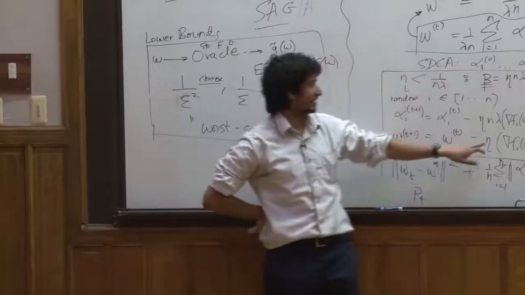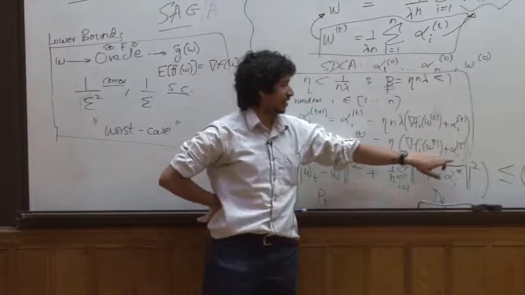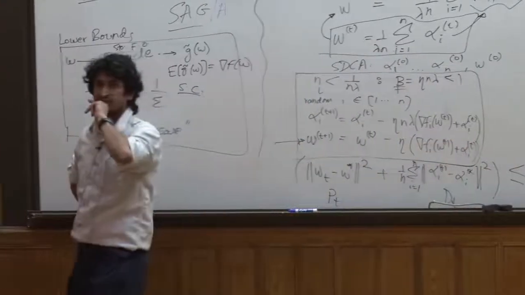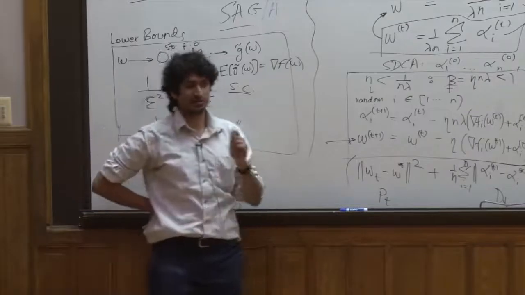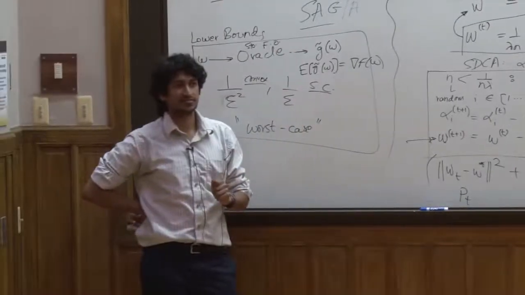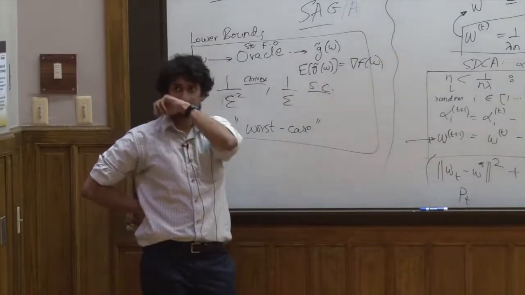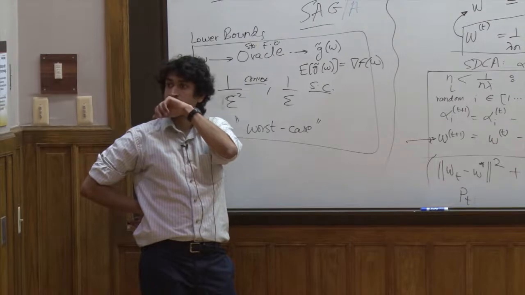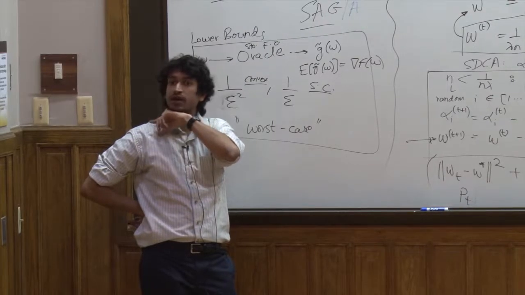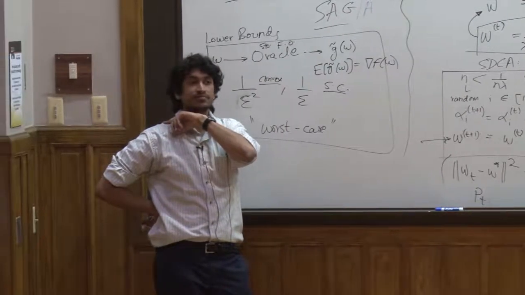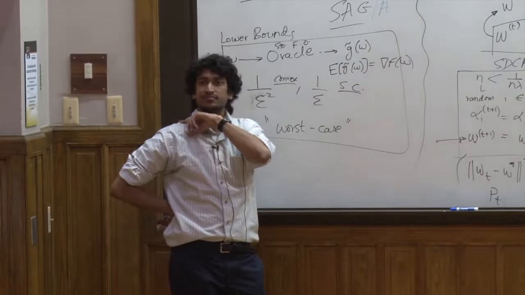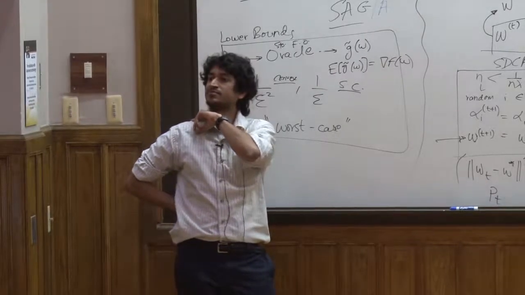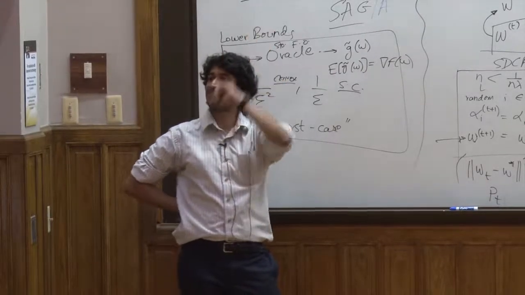If you can't see it, it's gradient of Fi at Wt plus alpha It. So I claim that that's an unbiased estimator of the true gradient. Any thoughts on why? People at the back? Last row? No?